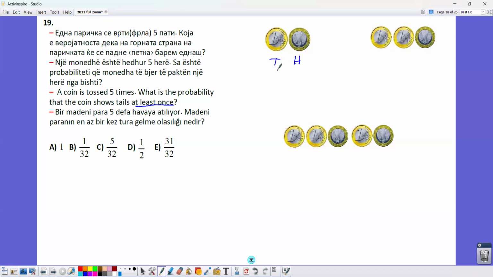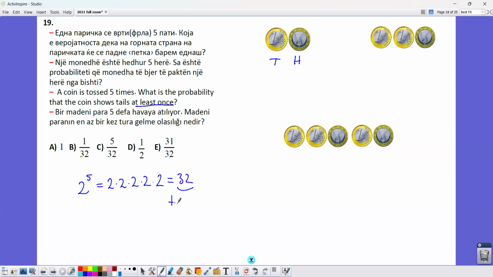Because I have two options for tossing a coin, to find how many possible cases I will have for tossing a coin 5 times, I need to do 2 to the power of 5. This is tossing 5 times. So 2 to the power of 5 is 2 times 2 times 2 times 2 times 2, which when you do this multiplication, it's 32.